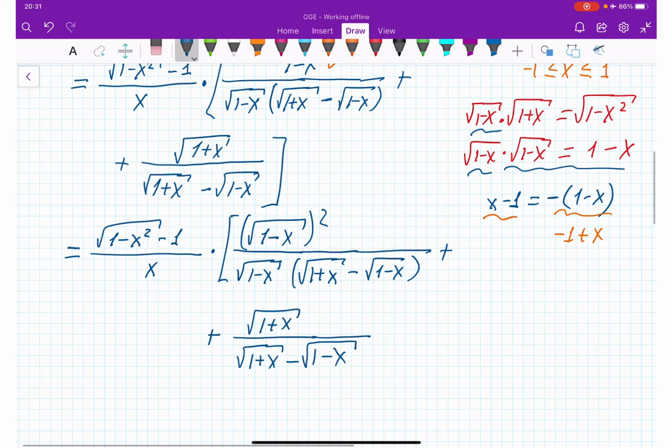All right. So here I'm going to simplify or cancel square root 1 minus x and square root 1 minus x.